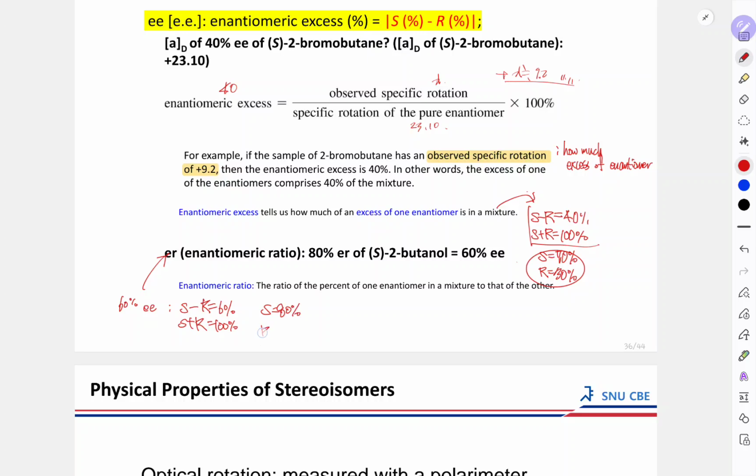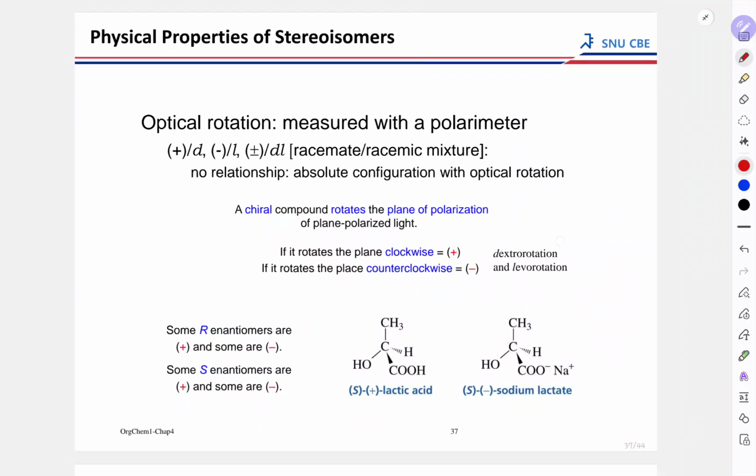Optical rotation, you can think about a little bit more. This again can be measured with the polarimeter. And here's the notation: plus, D, minus, L, plus-minus, DL. If you have a racemate, in other words a racemic mixture of two enantiomers, then you can follow this plus-minus notation or DL notation.